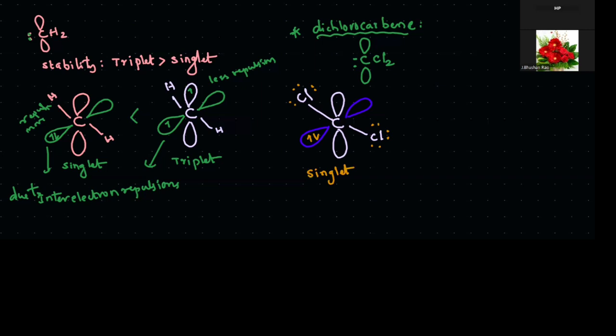Next, if you identify another representation: carbon, orbital, one chlorine atom here, another chlorine atom here.